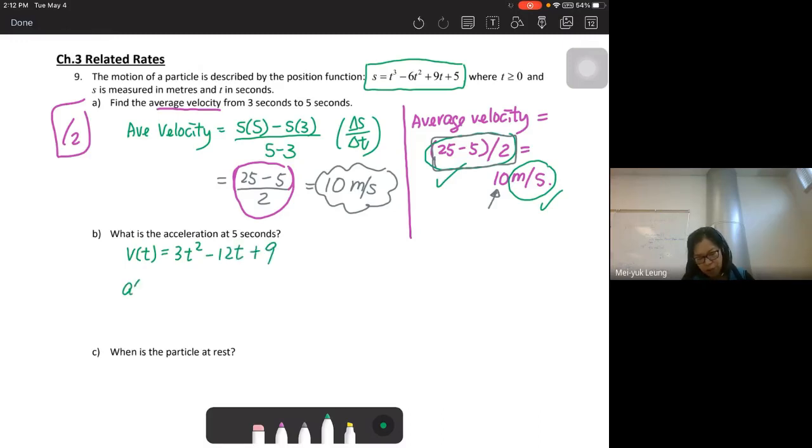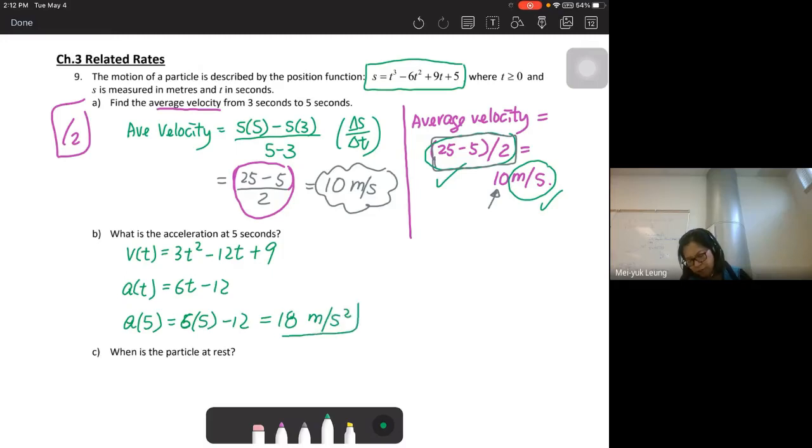And then the acceleration function, we continue to take the derivative of the velocity function. That's 6t minus 12. Okay, so to find the acceleration at 5, a of 5 is equal to 6 times 5, and then minus 12. So that would be 30 minus 12, that's 18 meters per second squared.